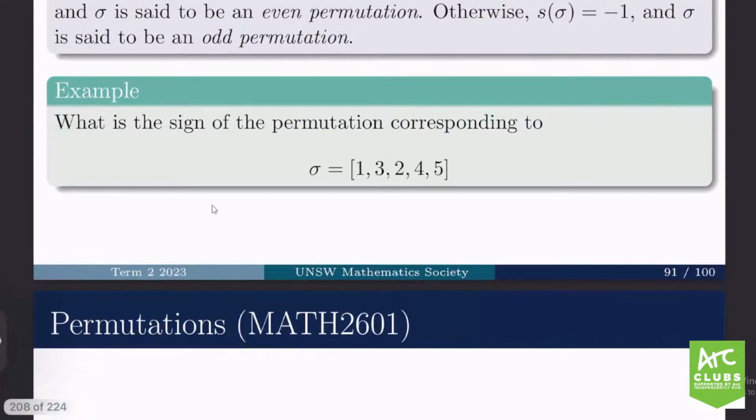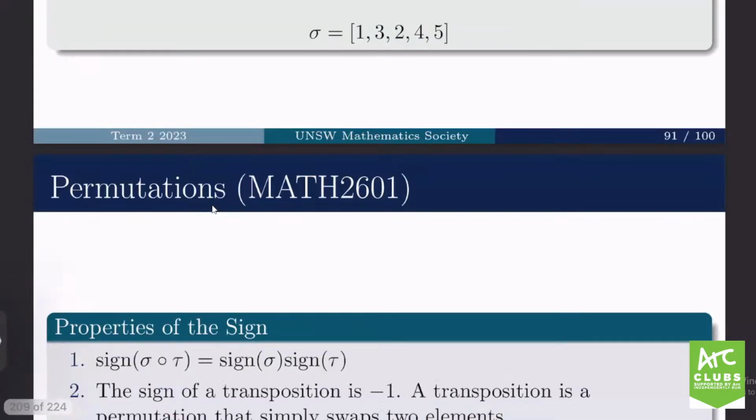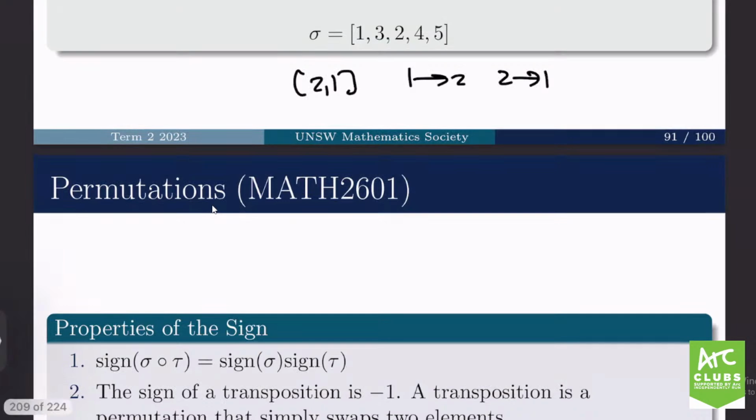For a fairly straightforward example, take 2 1, which is a permutation saying 1 gets sent to 2 and 2 gets sent to 1. In this case, this is one inversion, because 1 is a smaller number than 2, but in the new ordering it now comes after the larger number 2. So that's an inversion.